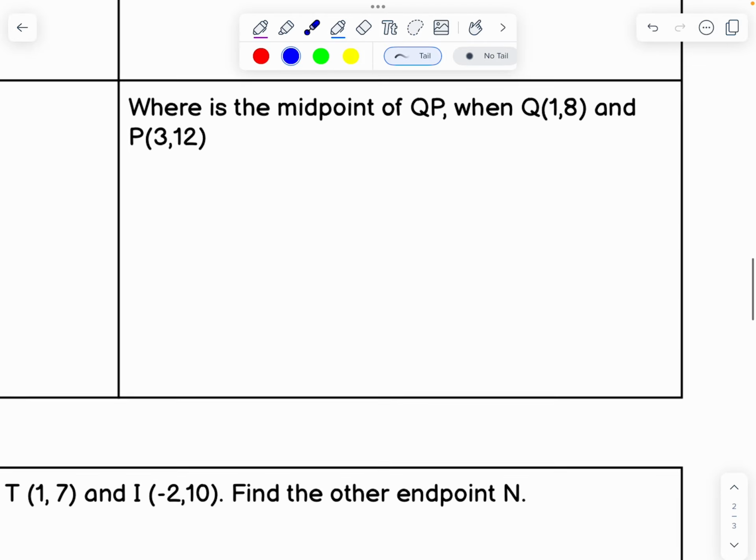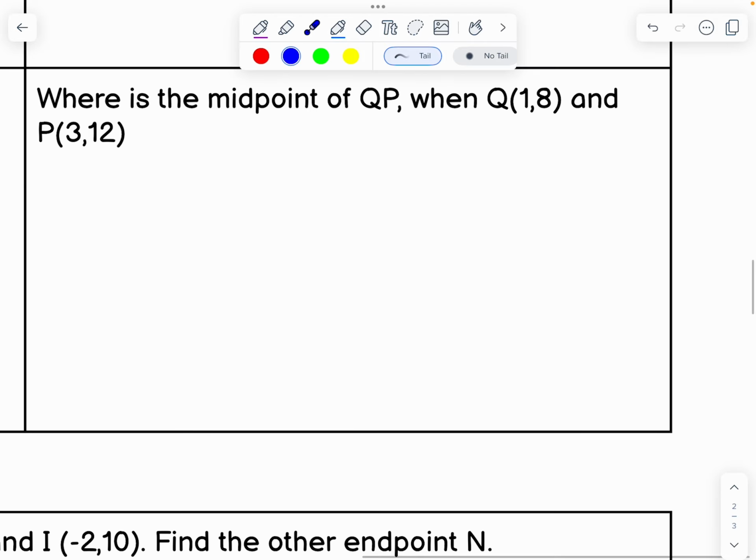Let's move on to our last midpoint problem. Where's the midpoint of QP if Q is at 1, 8 and P is at 3, 12? Let's label our points: x1, y1, x2, y2.